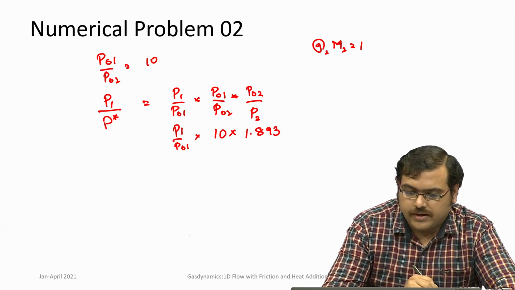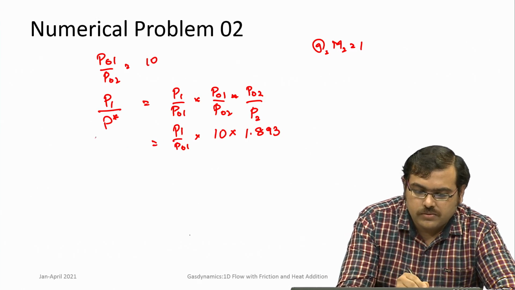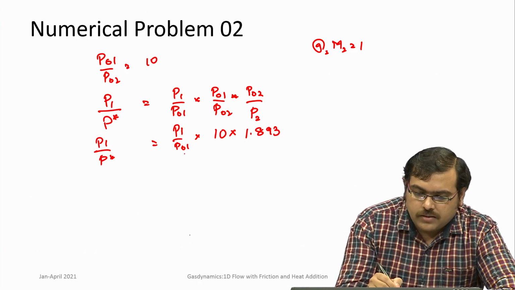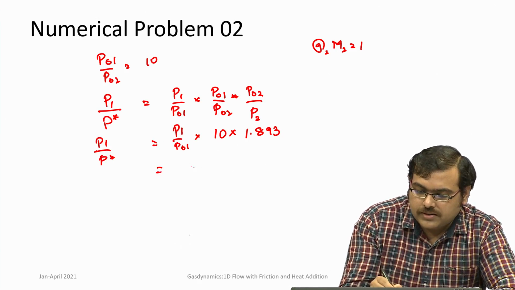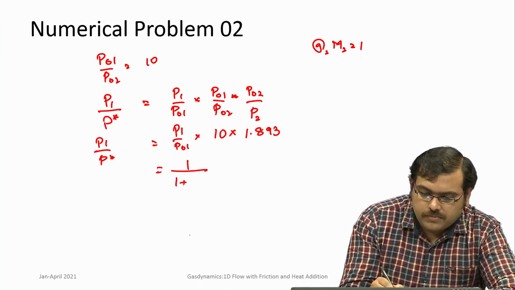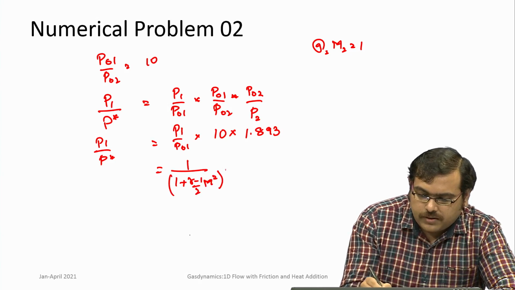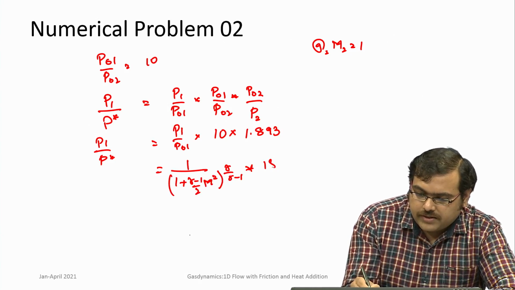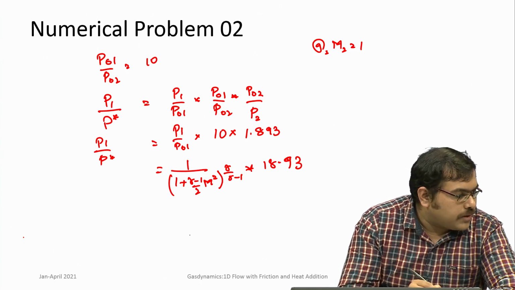Okay, 1.893 should be equal to P1 by P star. What is P1 by P01? This is 1 by 1 plus gamma minus 1 by 2 M square whole power gamma by gamma minus 1 multiplied by 18.93.